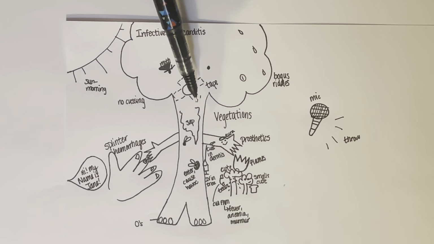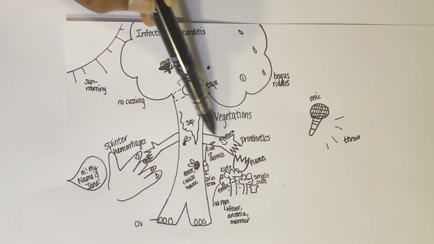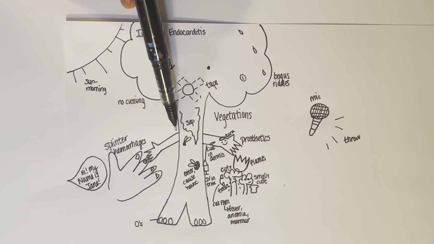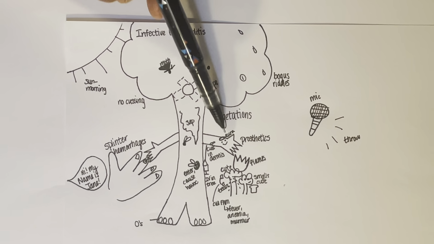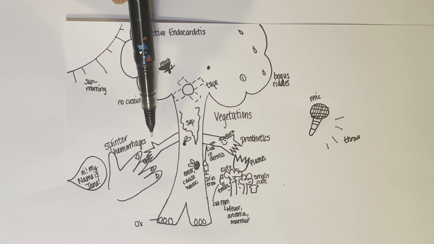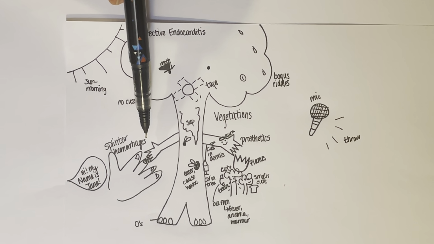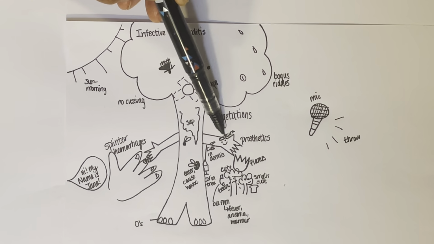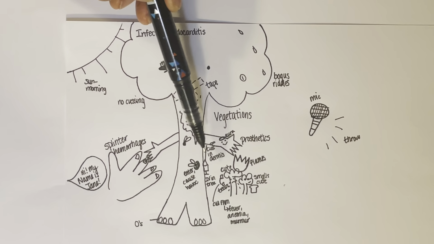And then we also have here on the prosthetic limbs, or the outer skin of the tree, that we can have Staph aureus. So there is an aura above the face of this prosthetic limb.